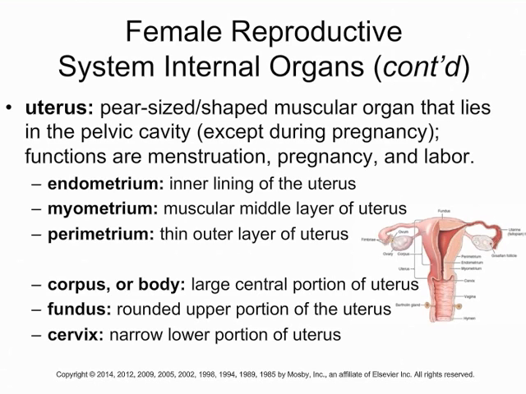There aren't really any medical terms that talk about them specifically. But there are medical terms with the last section, the cervix. The cervix is the narrow bottom portion of the uterus that connects the uterus to the vagina area. And this part really comes into play when you're talking about labor and giving birth.